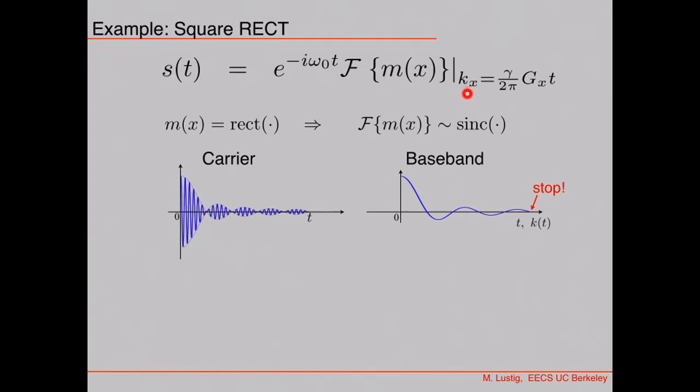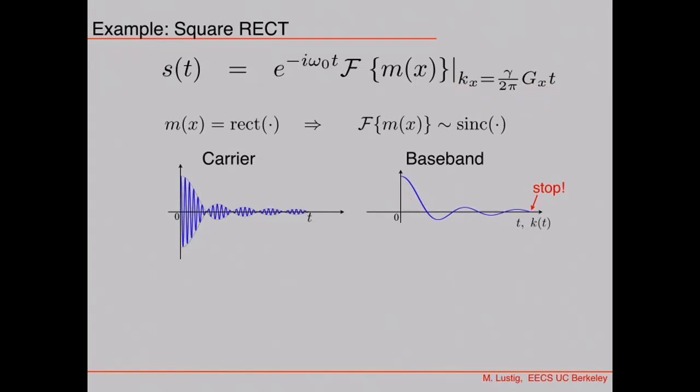At time equals 0, immediately after excitation, kx will be 0. And as time goes by, kx increases by this proportionality. kx has a unit of 1 over centimeters. So as we go over time, we actually collect data in the frequency domain.